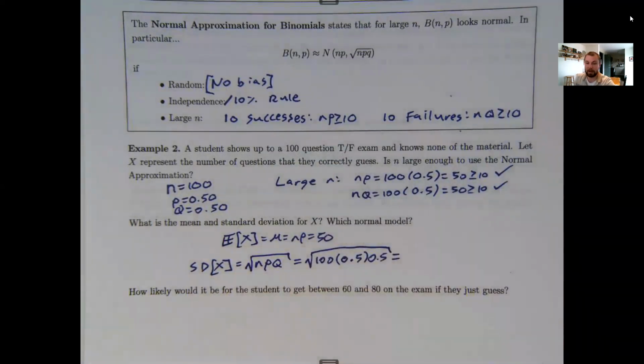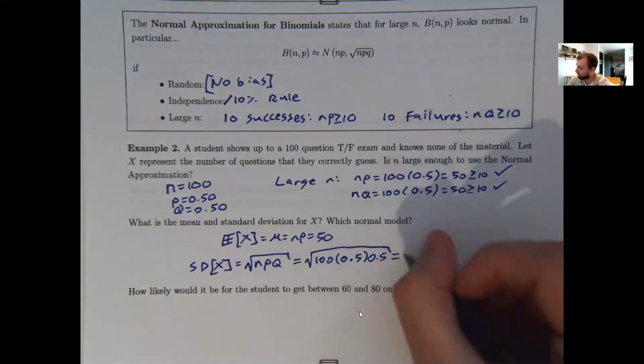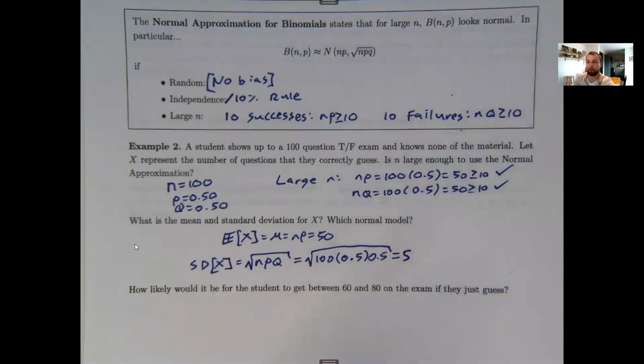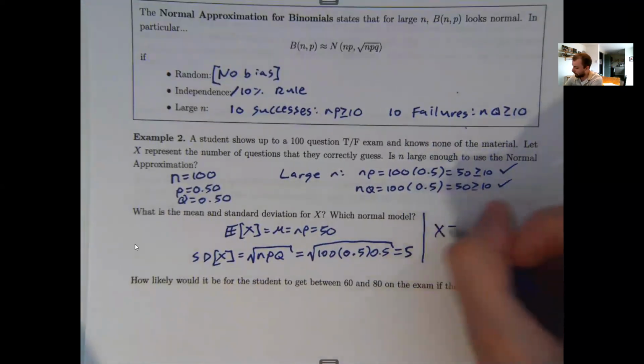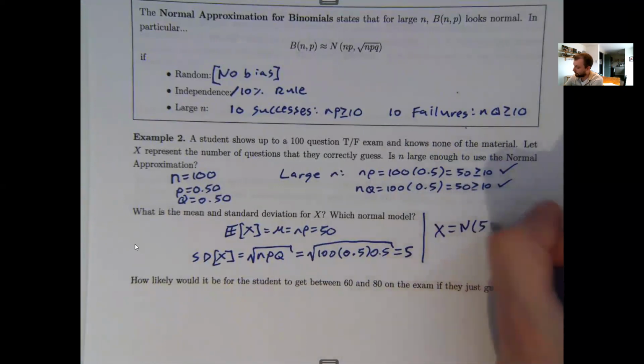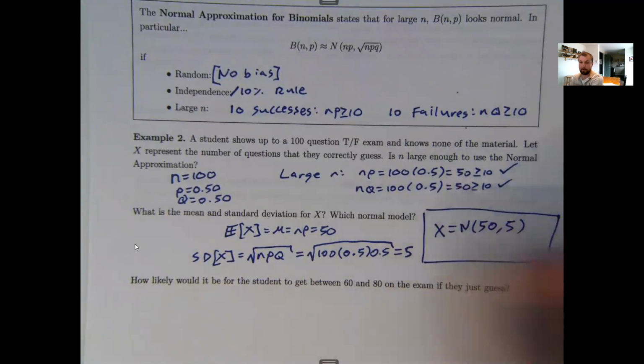Doing a little bit of mental math, half of 100 is 50, half of 50 is 25, so this looks like that's the square root of 25. So I believe this gives me a standard deviation of 5. This tells me that my normal model will have an average of 50 and a standard deviation of 5.